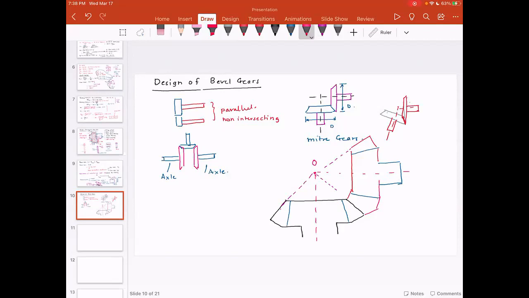There is something called the front cone, which is shown over here, and something called the back cone, which I'm showing over here. This is the gear, and this is the pinion.